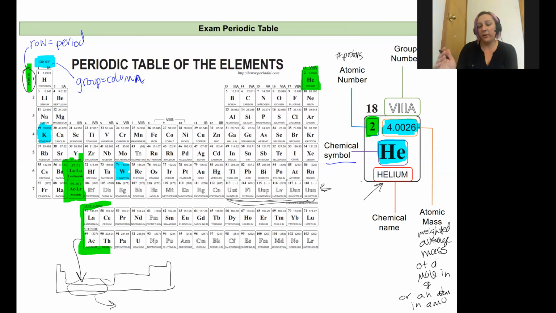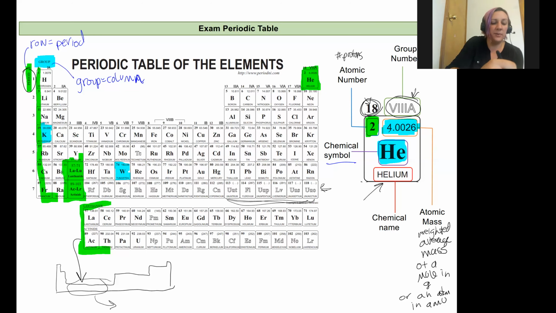So some other components that we have are group numbers, and you might see them come in two different forms. So helium here at the right-hand side of the periodic table will be listed as either group 18 or group 8A. Group 8A is my preferred one, where it's separating the elements into two categories.